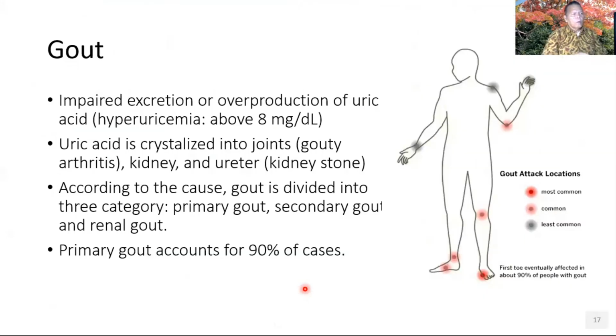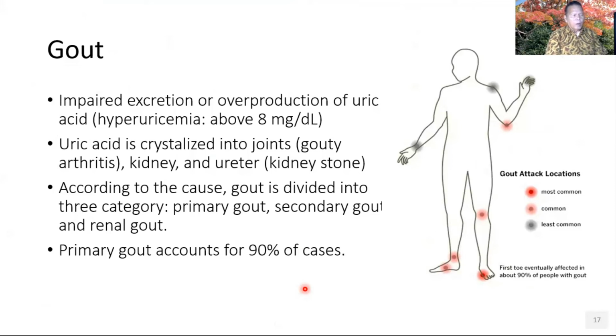Now have a look at this one. We'll start with gout. In discussing gout, we can see impaired excretion or overproduction of uric acid, which we call hyperuricemia.